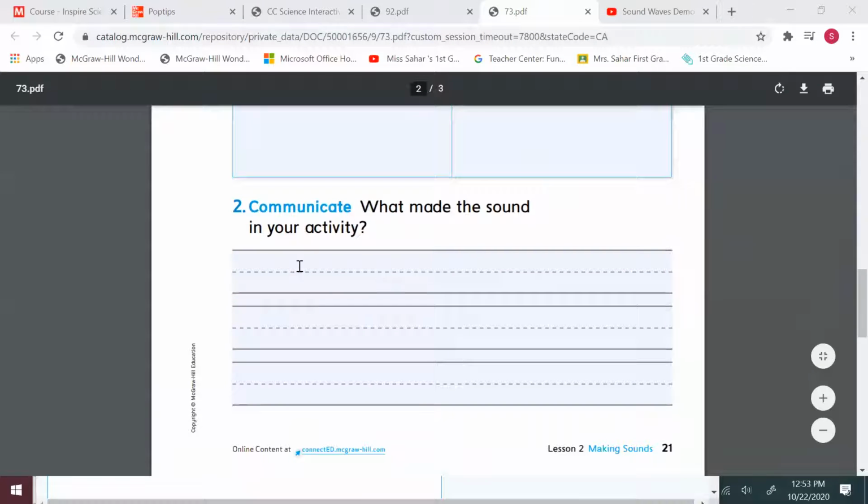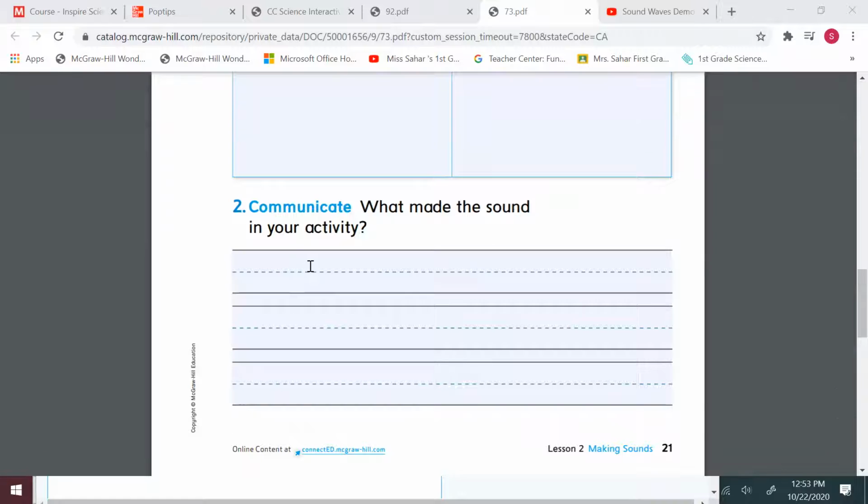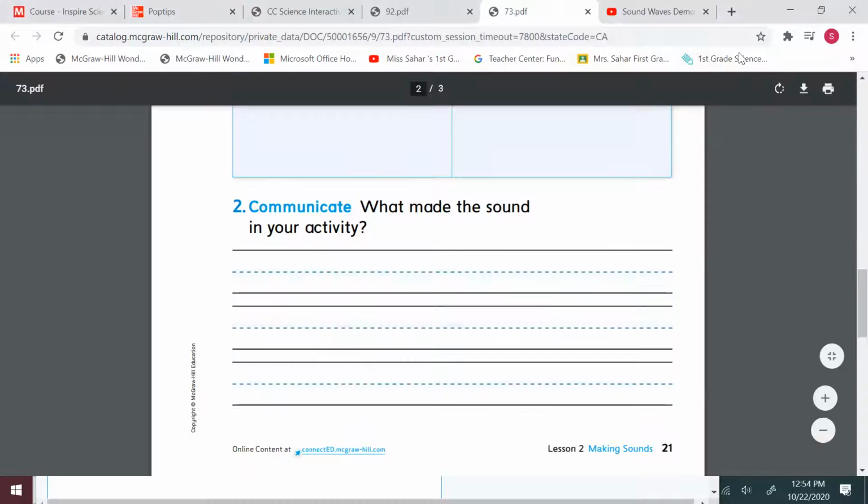and move to communicate. Second question or second part on page 21. What made the sound in this activity? So why we heard the sound? Because the movement of the tuning fork, right? When we hit it, what happened? The movement or the vibration of the tuning fork made the sound. So we need to write this down. All right.